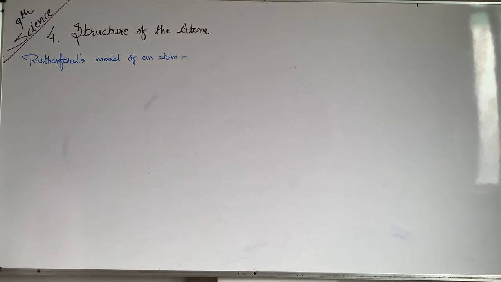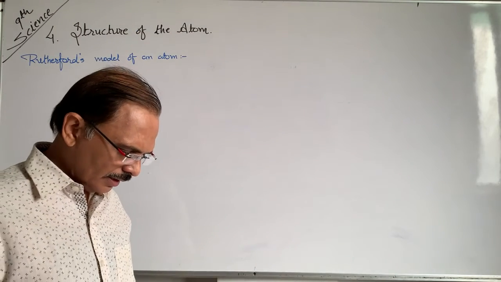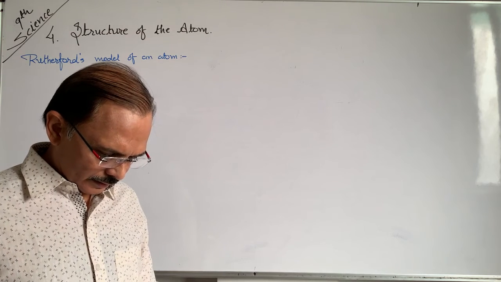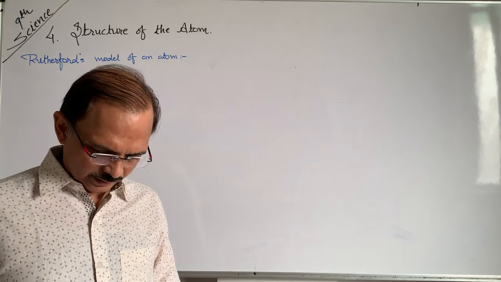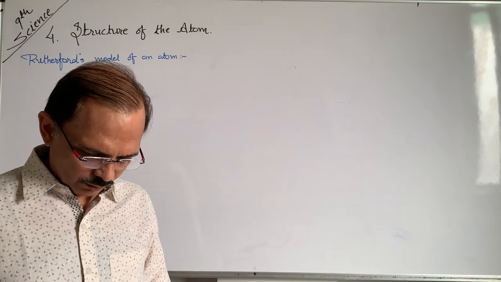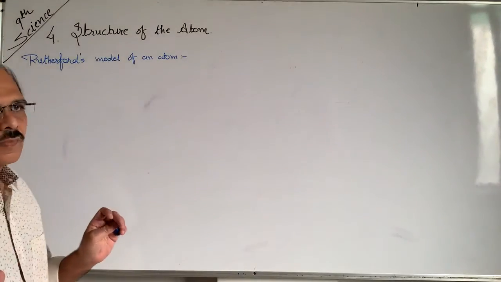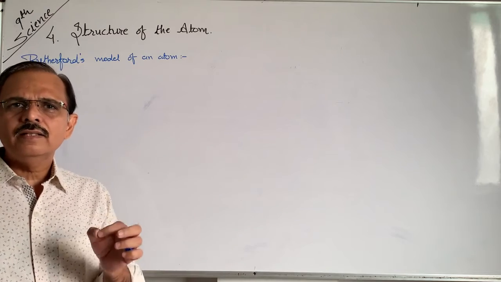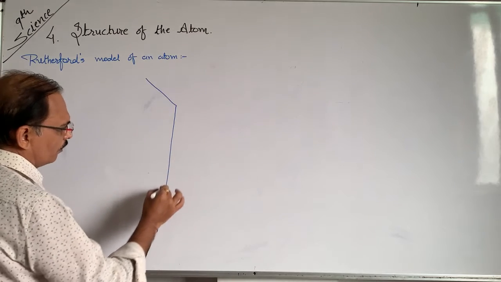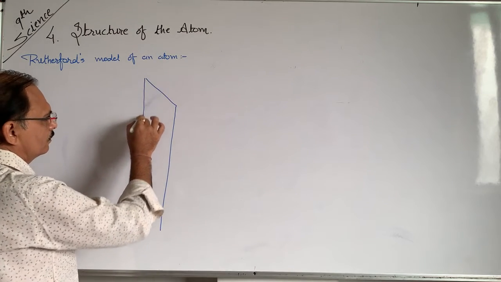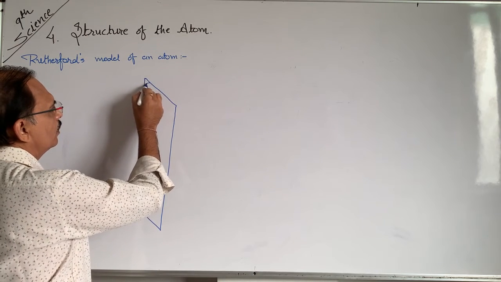So, he took a gold foil. Here in this textbook it is given that a thin gold foil, and this gold foil was about 1000 atoms thick, having a mass of 4.2 unit only. So see, first time he took a very thin gold foil. Suppose this is the layer of the thin gold foil. In this foil, you know that atoms are there.